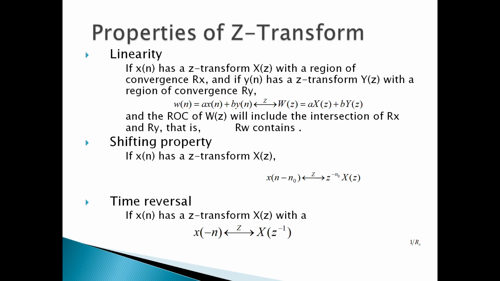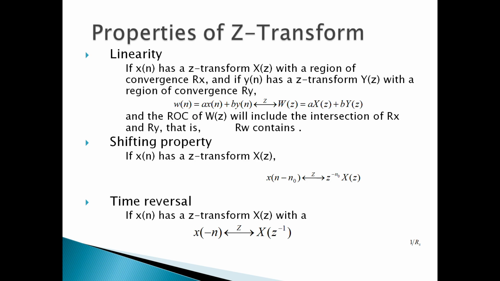So if the Z transform of x[n] is X(z) and y[n] is Y(z), then the linearity property says w[n] equal to a of x[n] plus b of y[n]. The Z transform will be W(z) equal to a of X(z) plus b of Y(z).